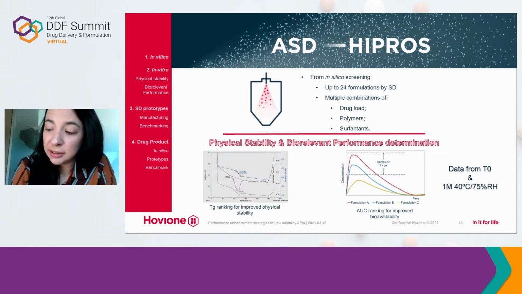This data is generated, as mentioned, right outside production at T0 and after 1 month stability data. The total turnaround time for this screening approach is about 6 weeks.